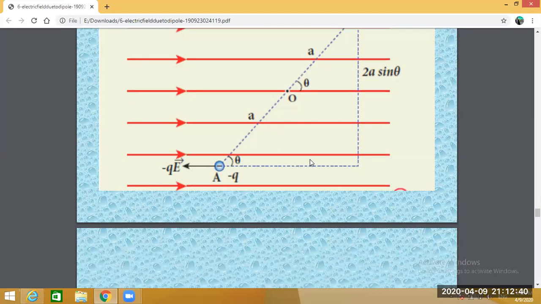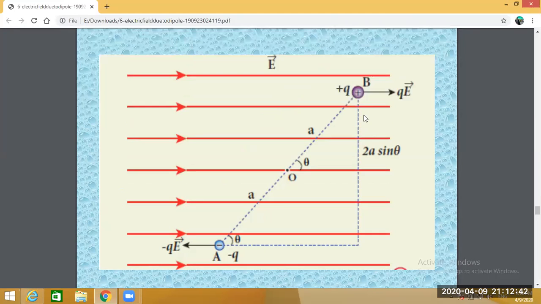So let us check it. Remember, the turning effect of a couple of forces is measured as the product of the magnitude of one of the forces and the perpendicular distance between the lines of action of the forces. Remember, this is the line of action of force, this is the line of action of force, and this is the line of action of force.